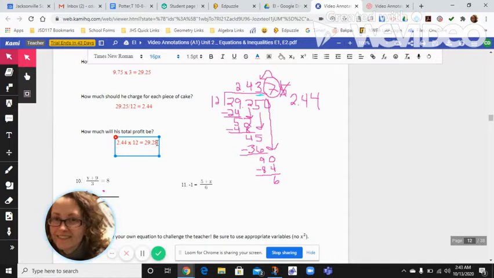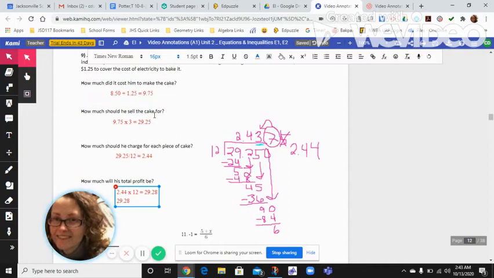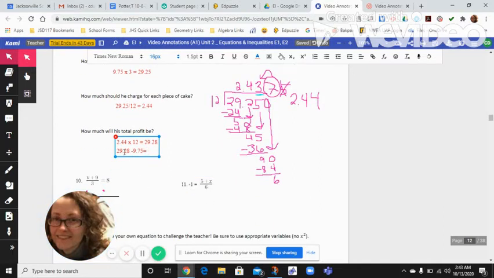But that's not his total profit, because he has to account for how much it cost him to make the cake, which is that $9.75. So I'm going to have to subtract off the $9.75 from the $29.28. So $19.53 is the amount of money that he would make off of the entire cake.